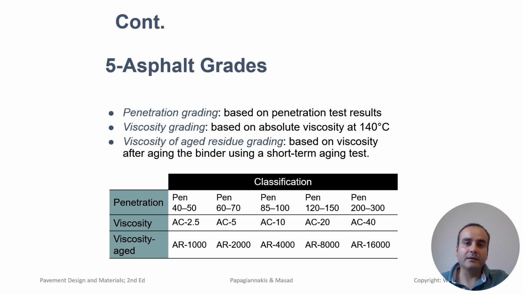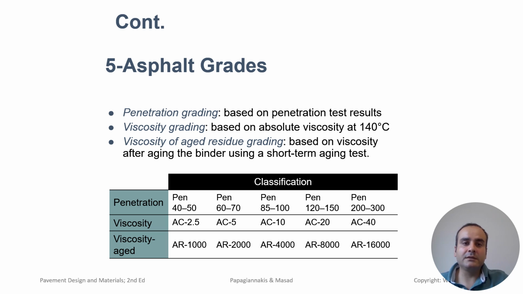In this system, the asphalt binder is first aged in the laboratory using the RTFO test, which simulates short-term aging that occurs during mixing and construction. After aging, the viscosity of the binder is measured at 60°C or 140°F.